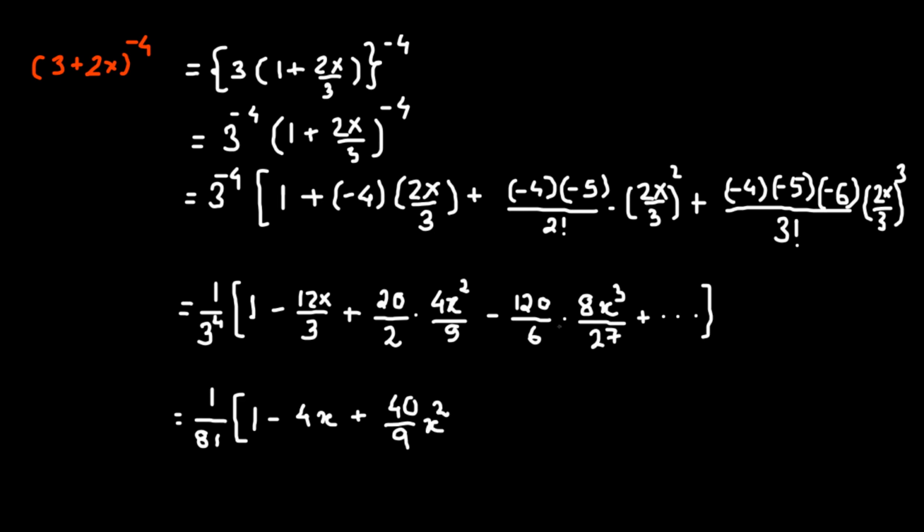Then we have 120 divided by 6, which is 20, so we have 20 times 8, which will give us 160 divided by 27 x cubed, and the remaining terms, because we are asked to expand up to the first 4 terms, so we have the 4 terms here.